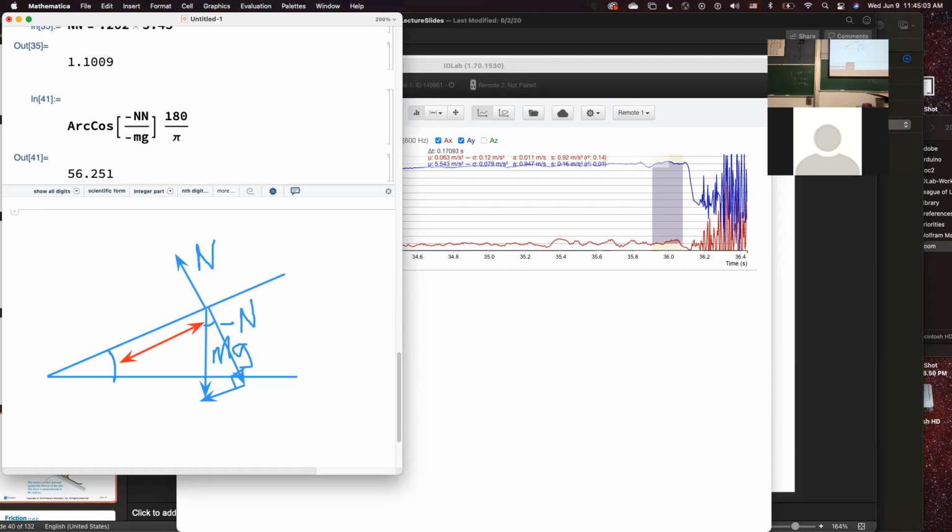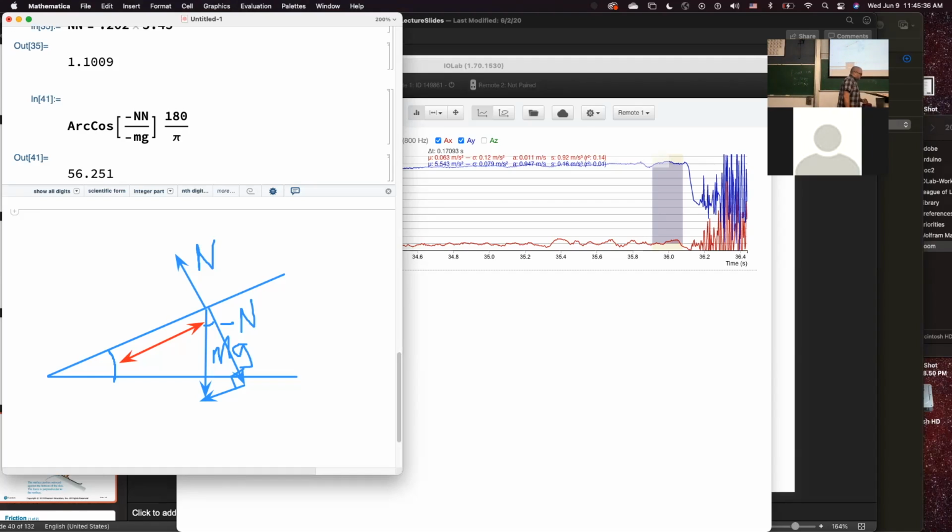If it was 123 degrees, it would start over here and go all the way up to here. So I needed to subtract it from 180. If I subtract 123 from 180, that's about 56. So that's about right. This was 56 degrees on this side because I messed up my negative sign when I found the arc cosine.